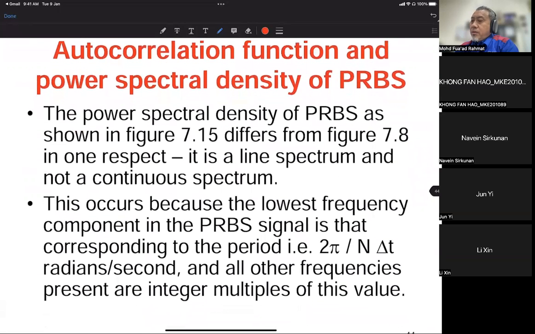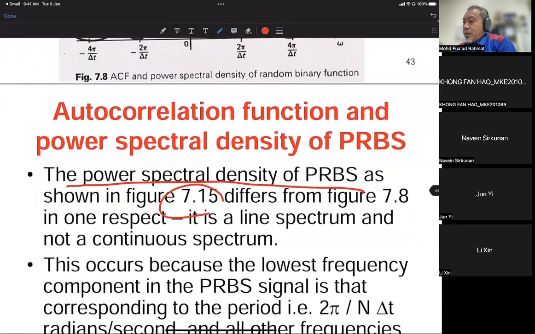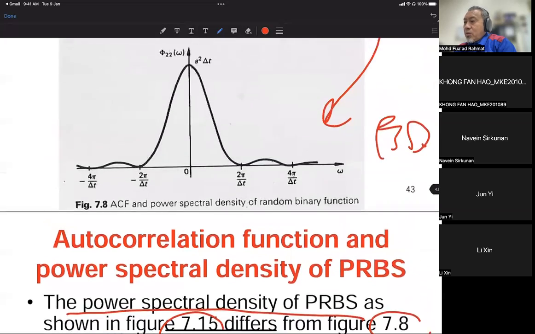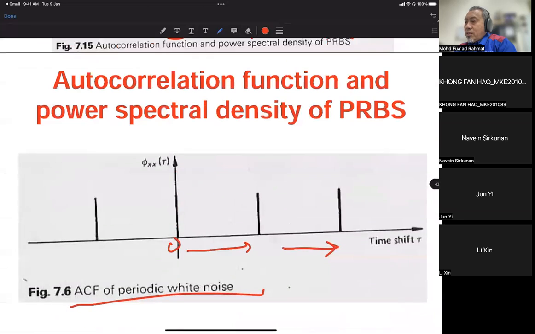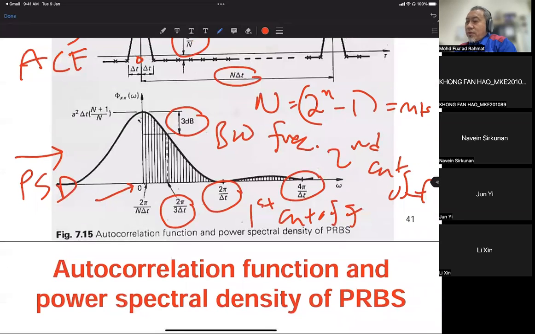So you can see that the power spectral density of the PRBS, as shown in figure 7.15, differs from figure 7.8 in one respect, where it is a line spectrum and not a continuous spectrum, between 7.8 and 7.15.